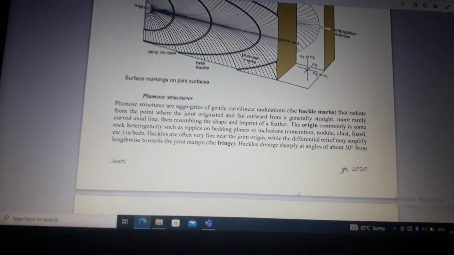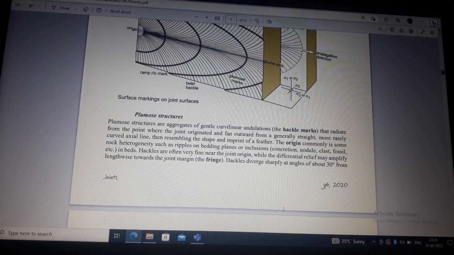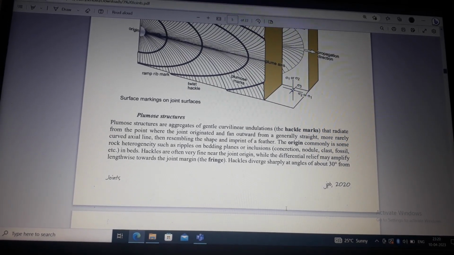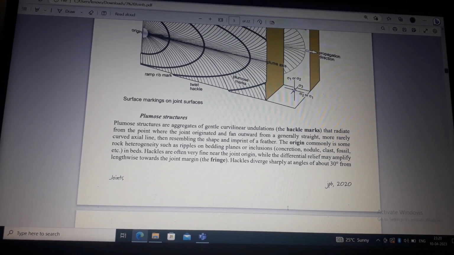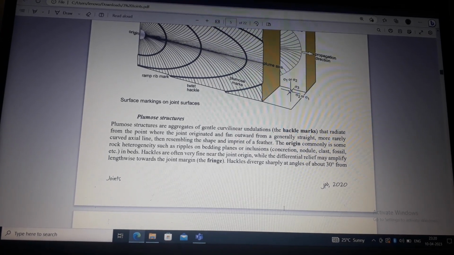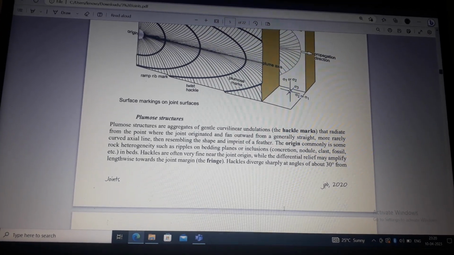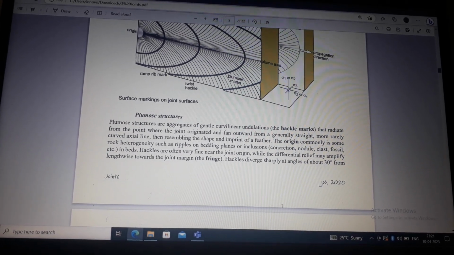Plumose structures. Plumose structures are aggregates of gentle curvilinear undulations. The hackle marks radiate from the point where the joint originated and fan outward from a generally straight, more rarely curved axial line, resembling the shape and imprint of a feather.